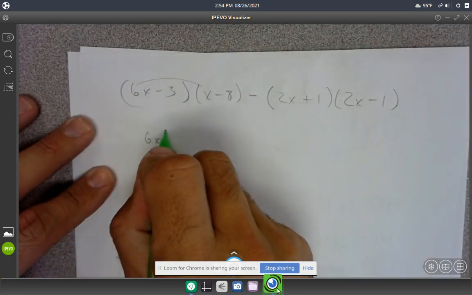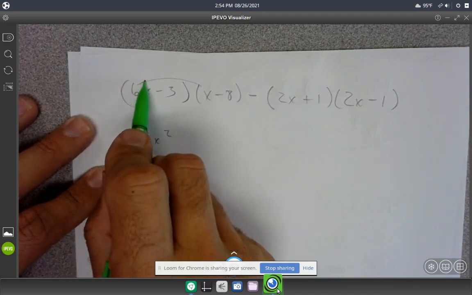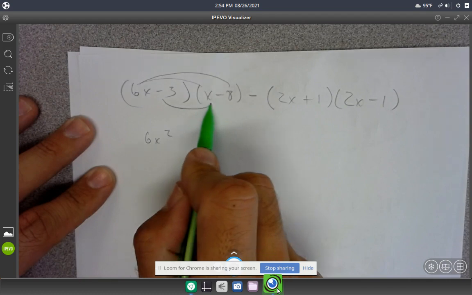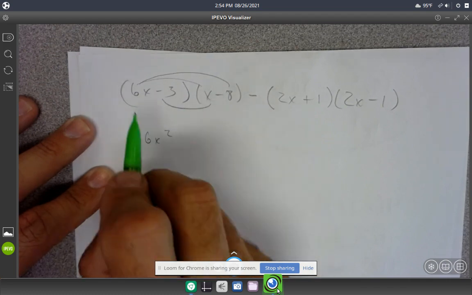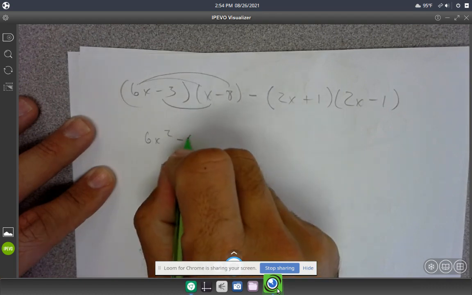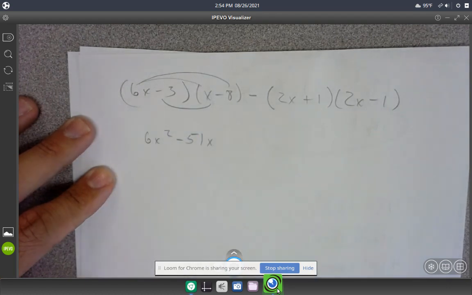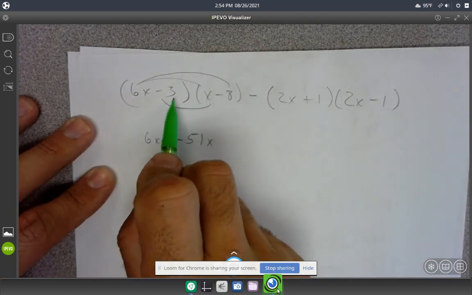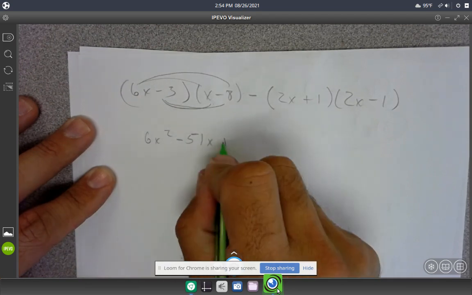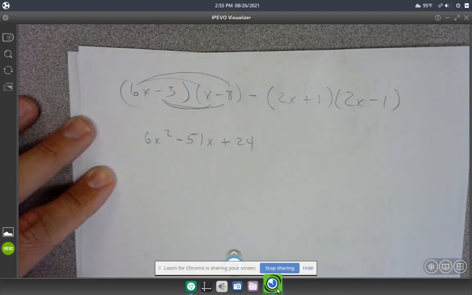That's 6x squared. This one's going to give us negative 48x. This one's going to give us negative 3x. So if you have a negative 48x and a negative 3x, that's going to give you negative 51x. And then the last bit is negative 3 times negative 8, which is positive 24.